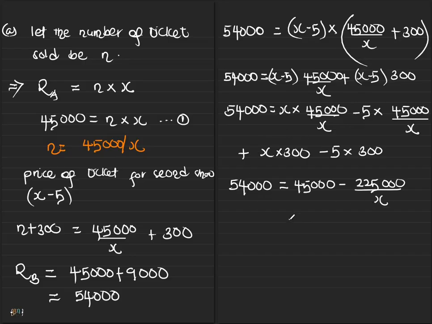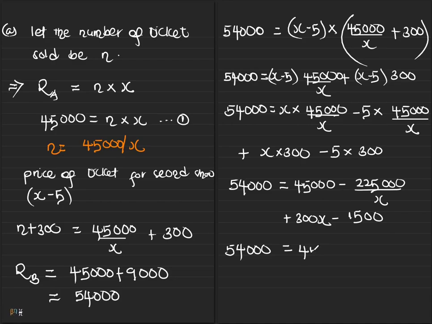Then we have x times 300, which is a positive 300x, negative 5 times 300 as well, which also gives us a negative 1,500. We now simplify and then solve. So we keep our 54,000 right here. And then since these are like terms, we then arrange and then evaluate them.